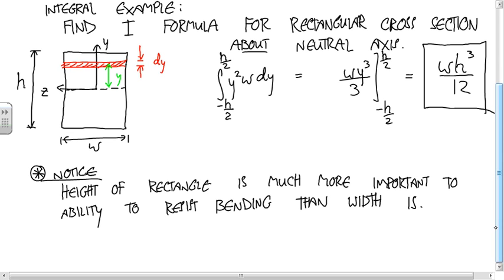Okay, one more formula. So you can think of this as the moment of inertia for a rectangular cross section. If you have a circular cross section, the formula is pi r to the 4th over 4.